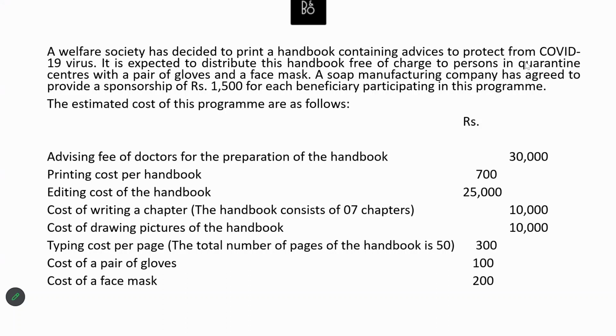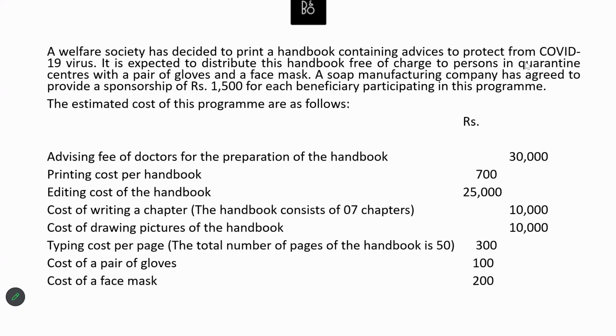They are going to distribute this handbook free of charge to persons in quarantine centers with a pair of gloves and a face mask. So they are going to give 3 items: handbook, pair of gloves, and face mask to each patient.